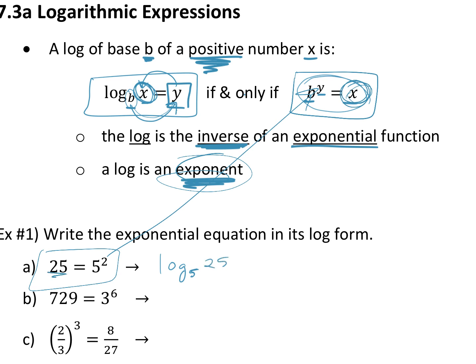So log base 5 of 25 equals what? 2. We said a log is an exponent, right? So the log of this is our exponent, that 2, okay? It feels a little funky at first, but you'll get really used to it because they all look the same. They're all that same setup.